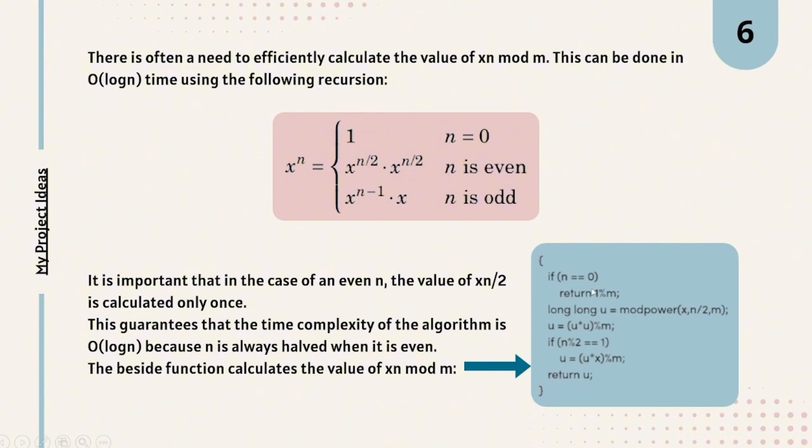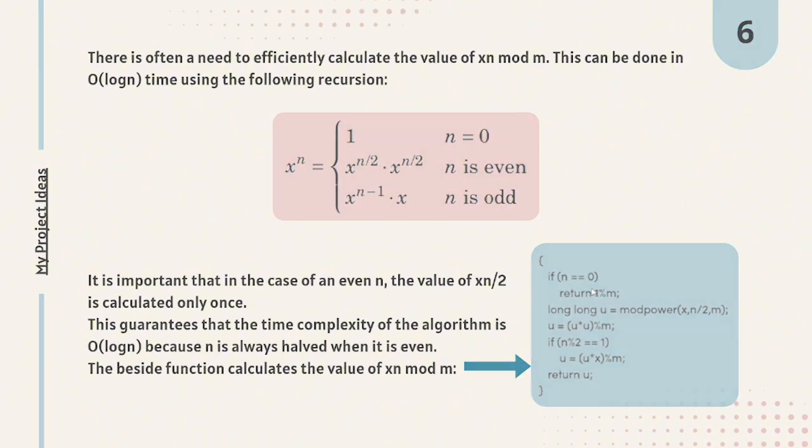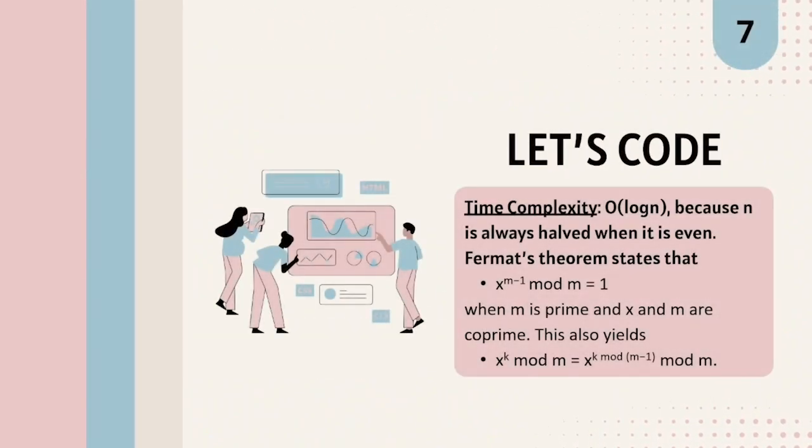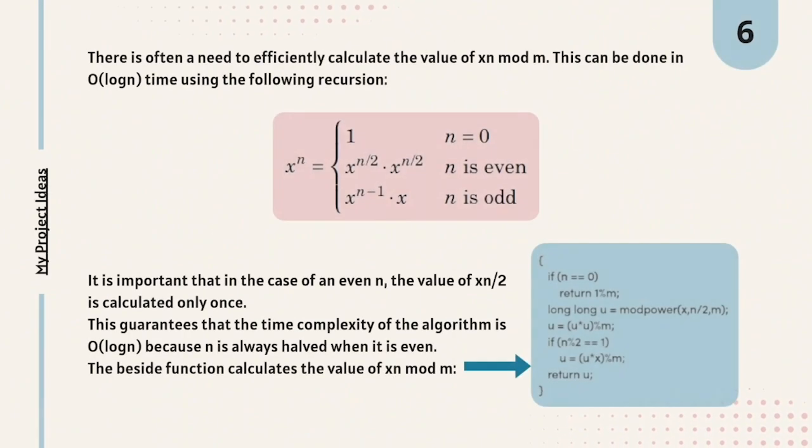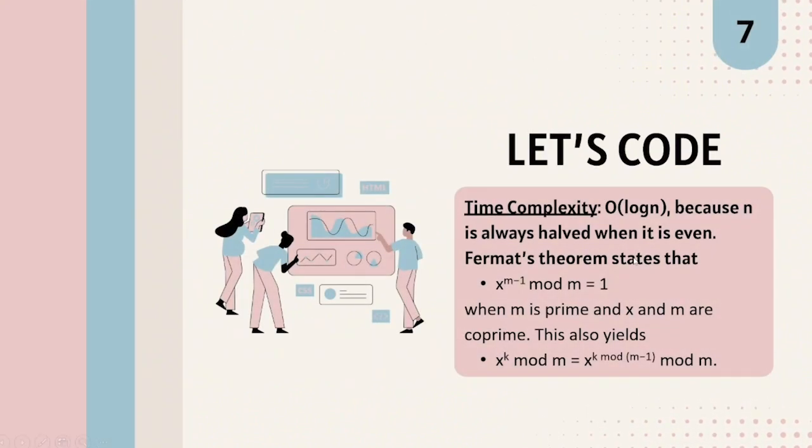But we are going to code it, guys. Don't worry. So let's code it now. The time complexity will be big O of log n, because if n is even, we make it half. n is always halved.